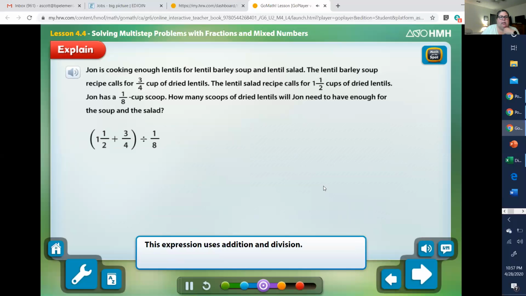This expression uses addition. To solve this expression, follow the word equation. Add the inside of the parentheses first. You'll need to change from mixed number to a fraction.